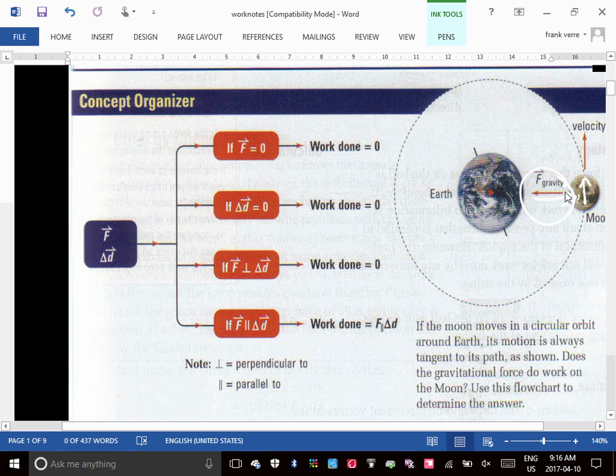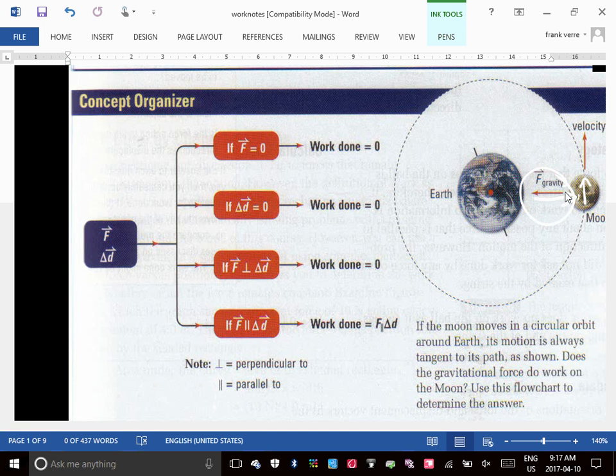They're perpendicular. So the first thing you have to understand when we do these calculations is that you need to identify the force that's parallel to the displacement, not the force that's perpendicular. Keep that in the back of your mind.